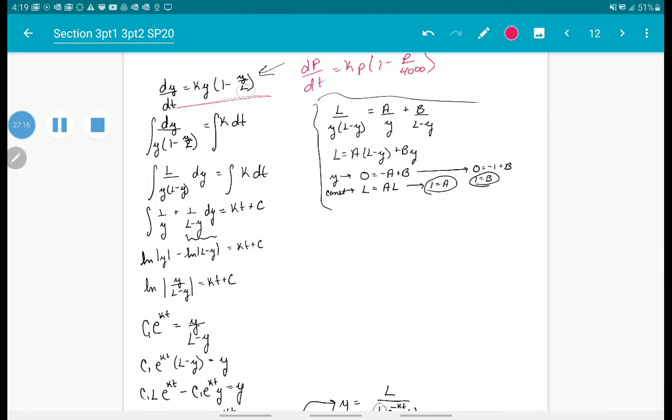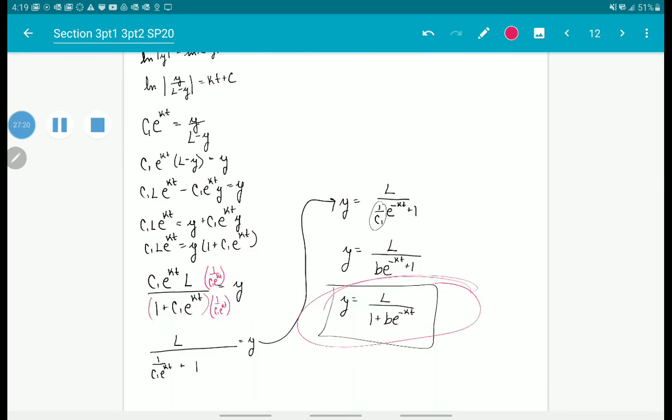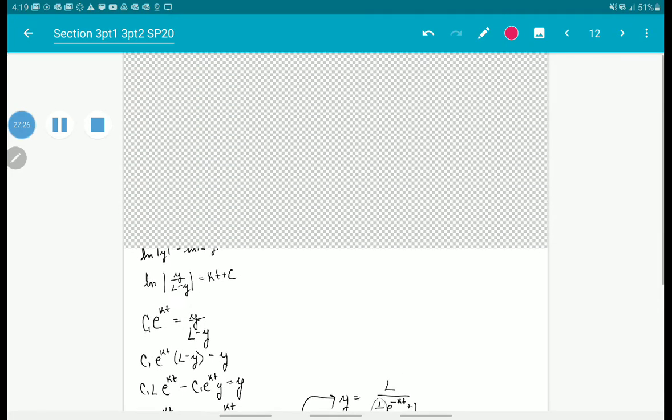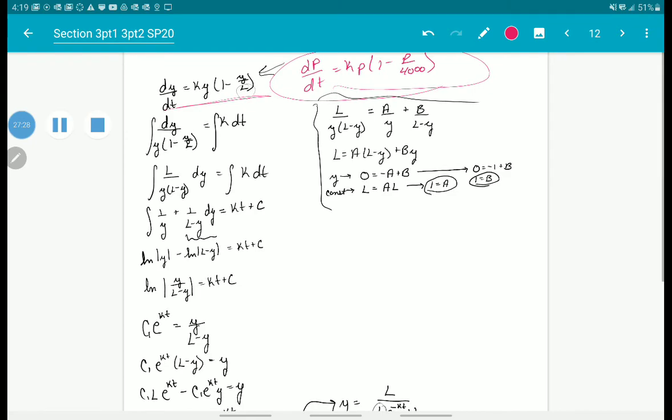So that means we should be able to translate this into something like that. And we know our L value is 4,000. They gave it to us in 2 places. They told us the limiting capacity, and then they gave it to us in that differential equation, which was that denominator there. So we could go through, do the integration and show that, or we can use what we've already previously derived to solve that. So I'm going to use that previous derivation.